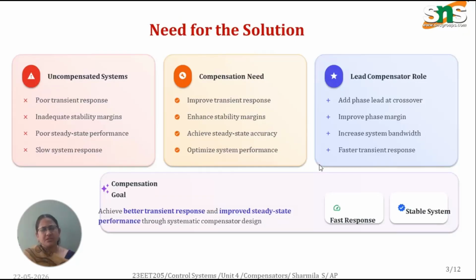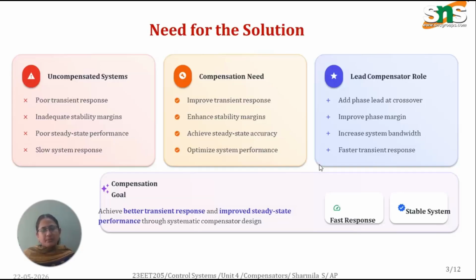If these problems are not solved, they may lead to equipment damage, production loss, safety hazards and economic losses. Therefore, improving system performance becomes extremely important in control engineering. So this is where compensators play a major role.